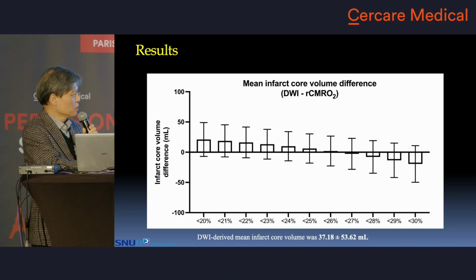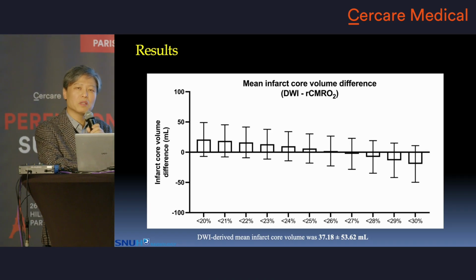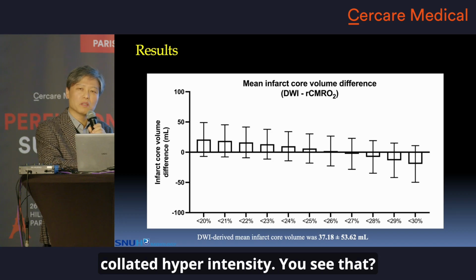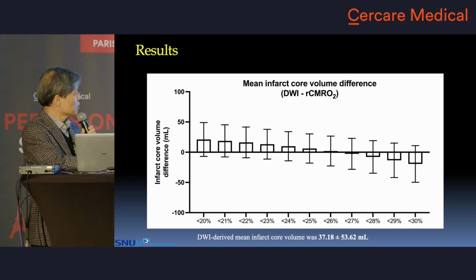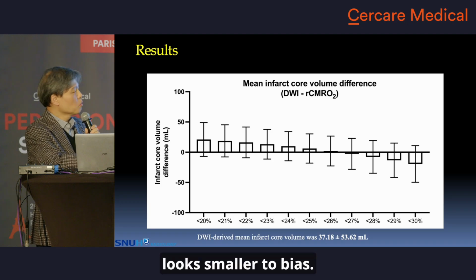The result? Surprisingly, 23%, do you remember, CMRO₂ 23% was much correlated with the hypointensity. Do you see that? But 26 and 27% had the smallest bias.